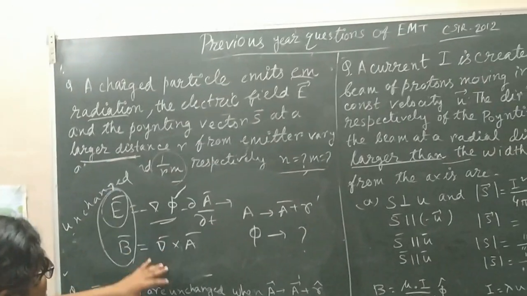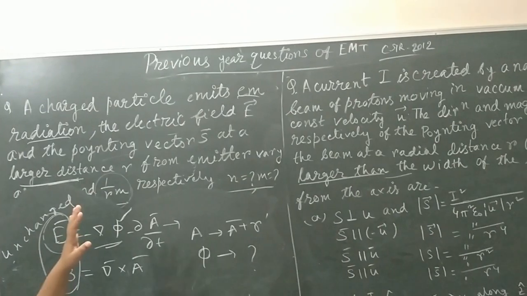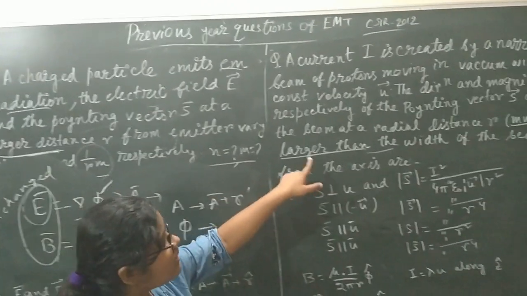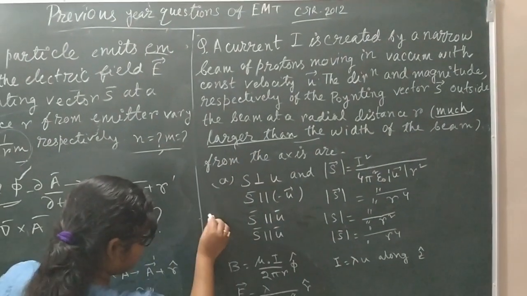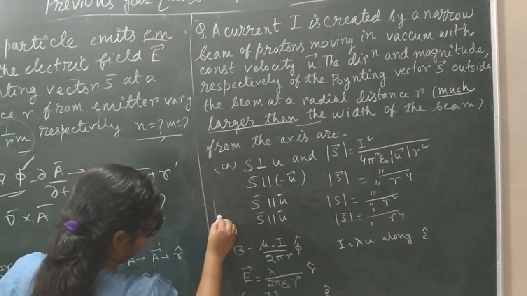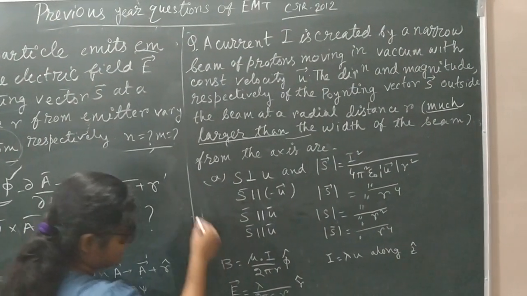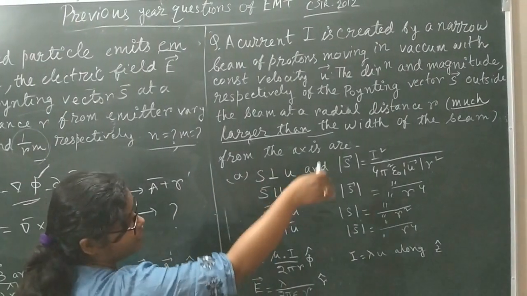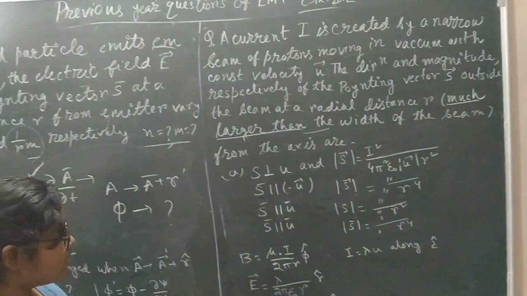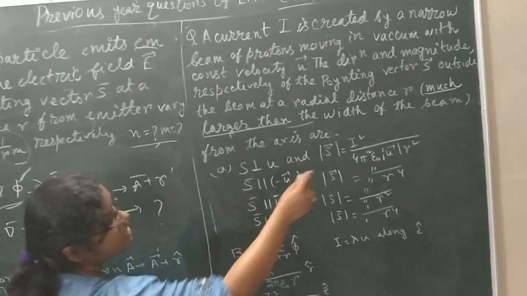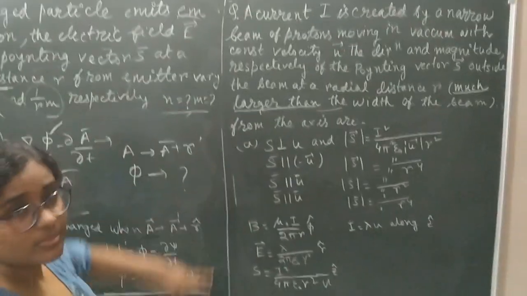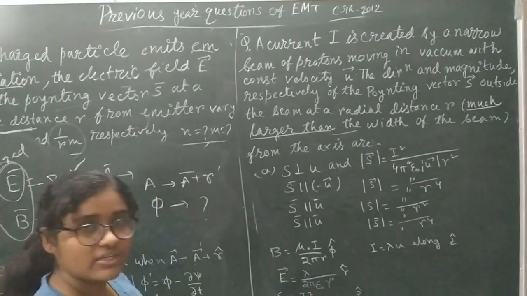This approximation is only valid for the largest distance. Suppose a current is passing and your r is very much less than the length of the current, then you cannot make these approximations. So r should be much greater than the dimensions of the charges or the dimension of the current.